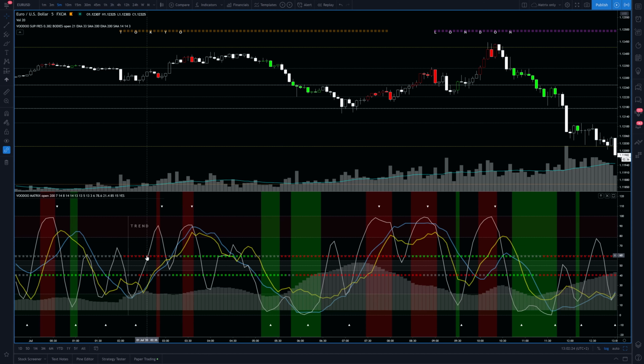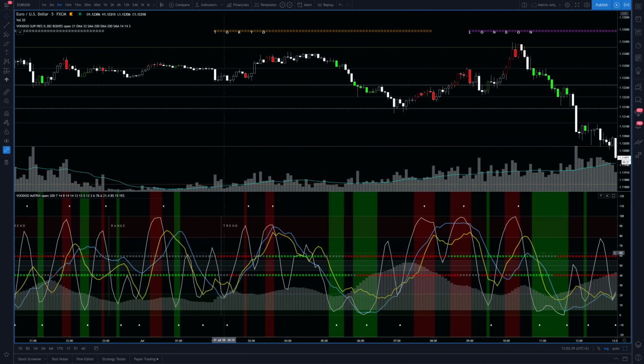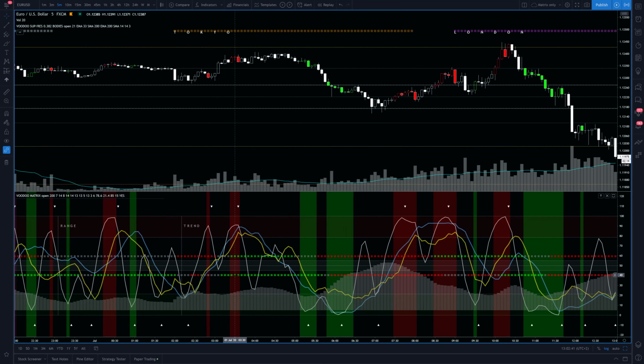Whenever they change to red or green, it provides you information about the possible trend direction. The red will mean down, the green will mean up. Whenever they stay gray, it is undecision time, and it's best to stay away from trading this price action.